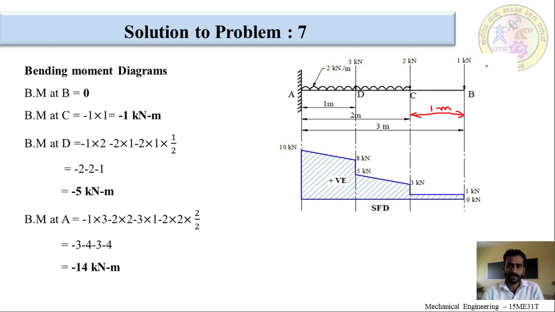First we will consider the point load 1 kilonewton, which is at a distance of 2 meters from D. So, we multiply this load into distance, that is minus 1 into 2. Then the second point load is 2 kilonewton, which is 1 meter away from point D.